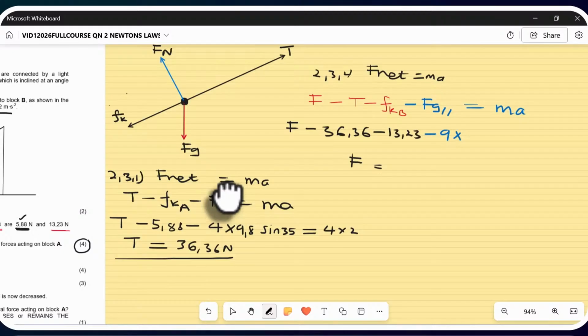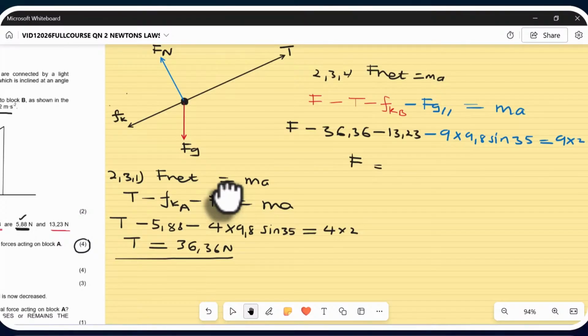So from here, I'm going to simplify this now on the calculator, it gives me 118.180 newtons. That's our force here.